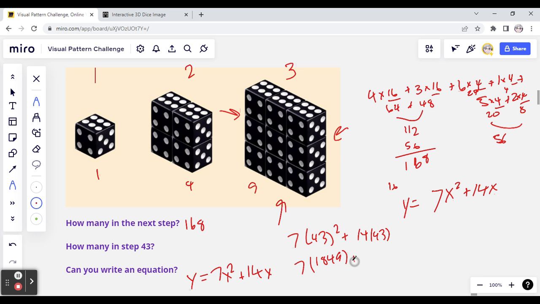So 7 times that plus, what's 14 times 43 is 602. And 7 times 1849 is 12,943. Add those together and we're getting 13,545 dots that are visible in step 43.